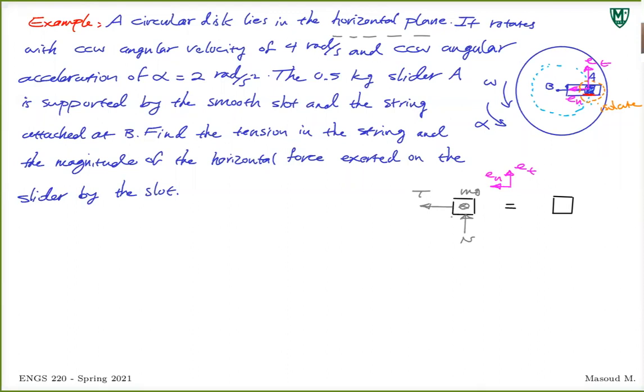I won't show it because this gets messy and things get lost, but remember that it is there, just in a different direction. Now, this is our free body diagram.